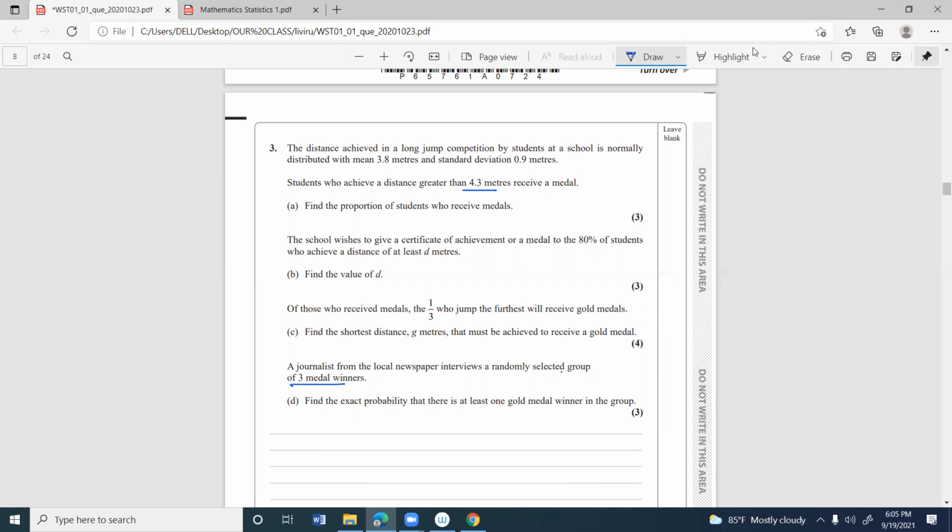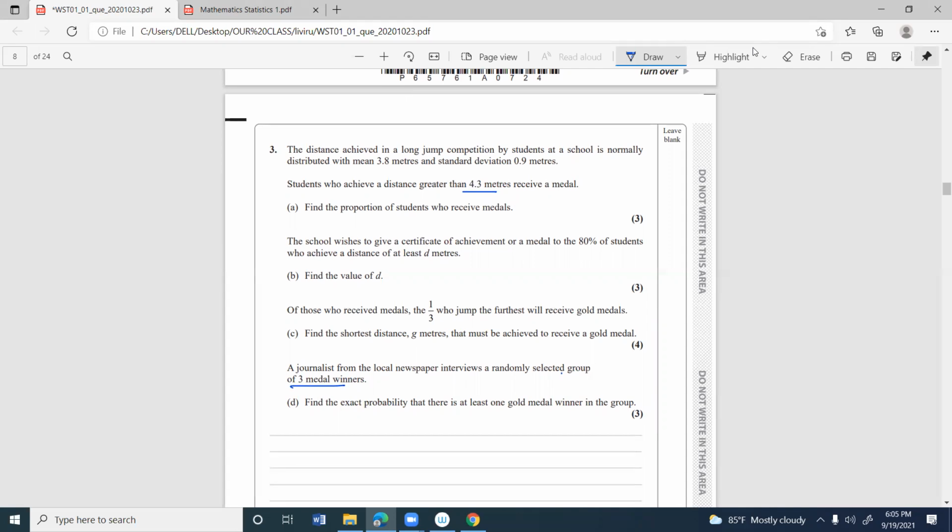So you can see the first one out of those medal winners, only 1/3 may be a gold winner. 1/3, then the other one is 2/3.